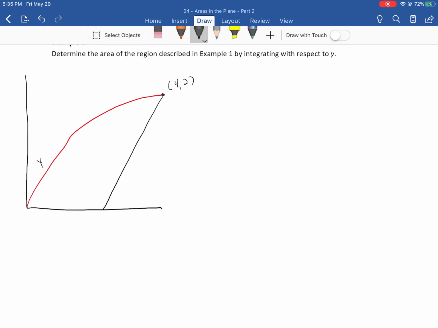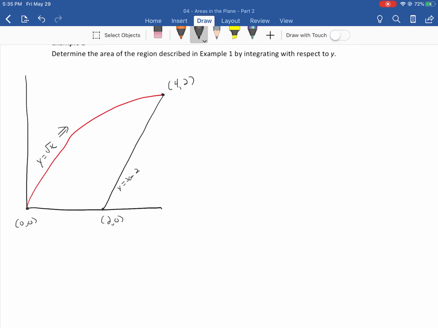This point here was 4, 2. This was y equals root x. This was y equals x minus 2. And I've left some space there because I'm going to change what they're called in just a second. And this was the point 2, 0. And this was the point 0, 0, although that wasn't an important point in the other method of doing this.